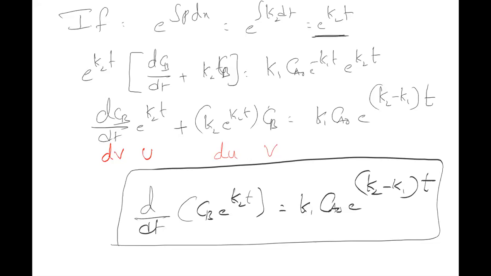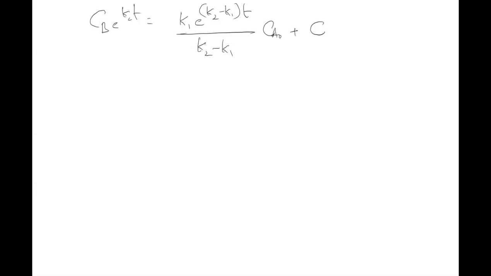Now, how do you solve these equations? I'm going to the next page. Integrate on both sides: CB into e power k2t equal to k1 CA naught e power (k2 minus k1)t divided by (k2 minus k1), plus C. C is a constant.